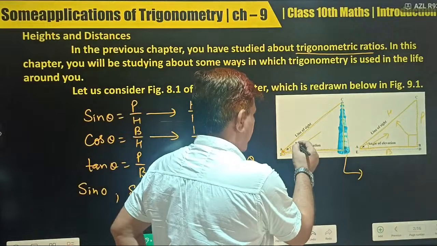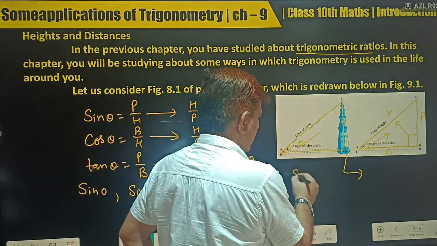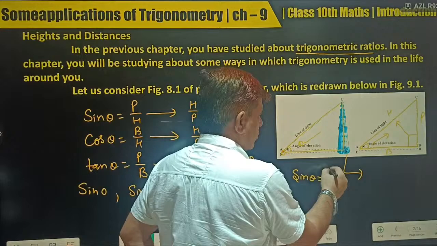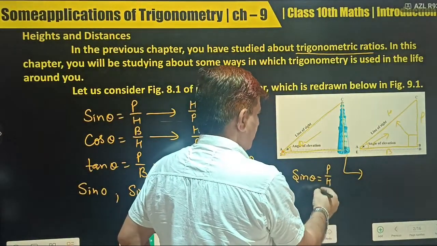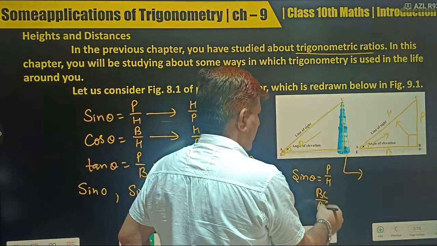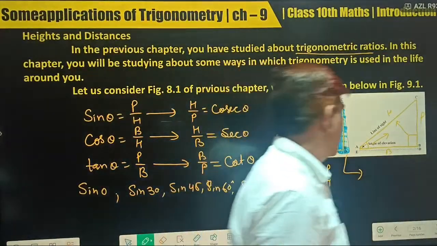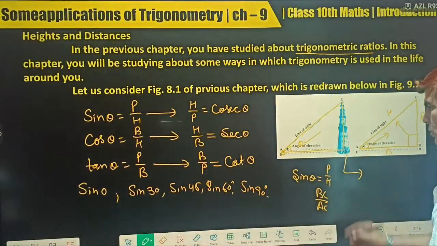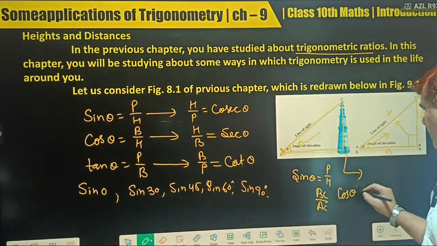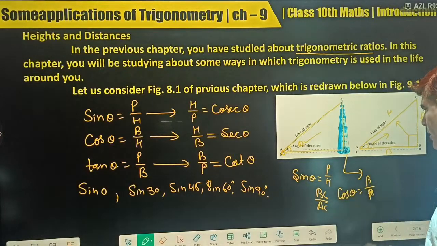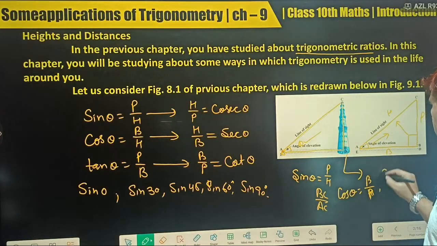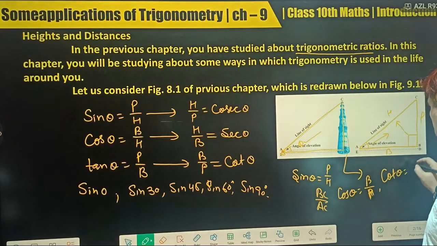Understood? Like this, if the angle is theta, we can say sine theta is equal to perpendicular by hypotenuse. Which one is the perpendicular? BC by AC. Otherwise, cos theta is equal to base by hypotenuse. Cotangent theta is equal to base by perpendicular.